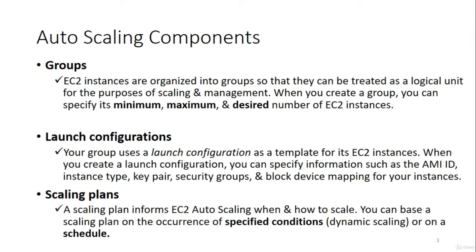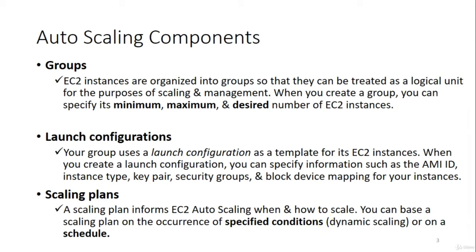Scaling plans. A scaling plan informs EC2 auto scaling when and how to scale. You can choose your scaling plan based on the occurrence of specified conditions, that is dynamic scaling, or on a schedule. For specified conditions, that is for dynamic scaling, your condition could be when CPU utilization is greater than 90%, you need to create a particular number of instances.